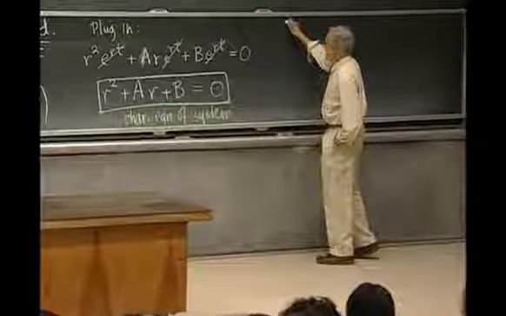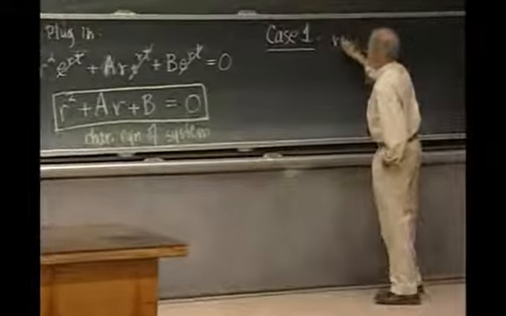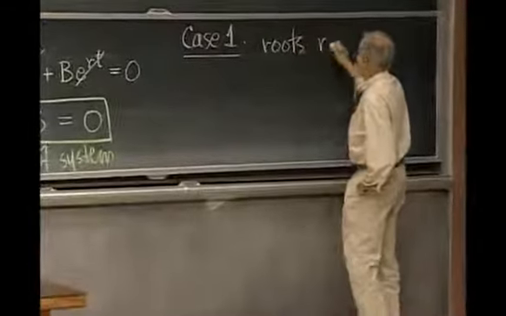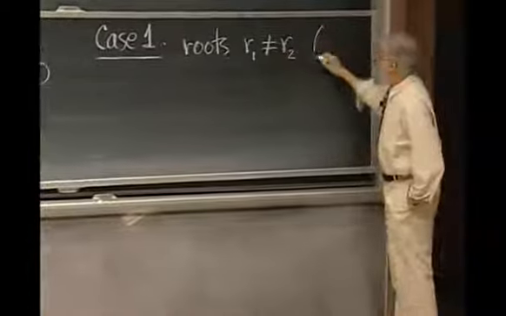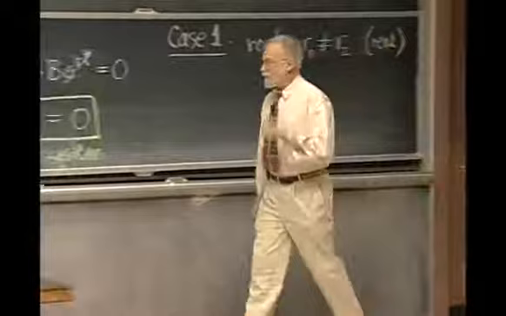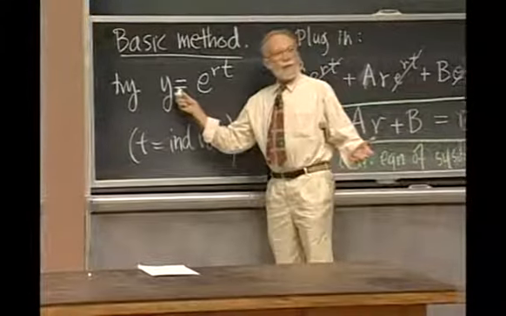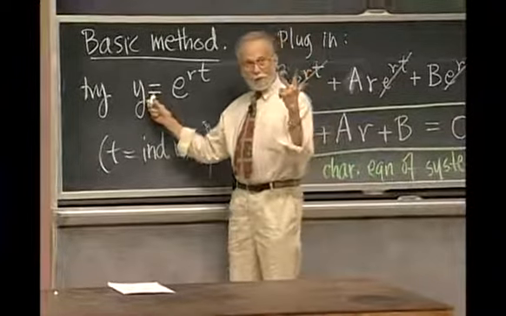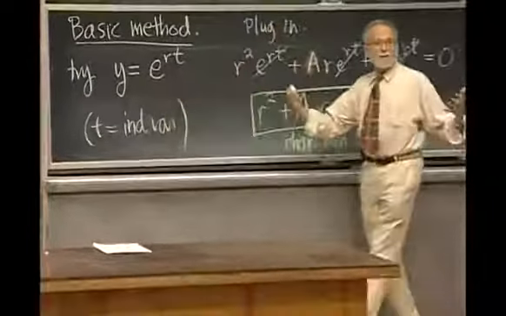So the first case is the roots are real and unequal. If I tell you they're unequal, and I'll put down real to make that clear. Well, it is by far the simplest case, because immediately one sees we have two roots, they're different, and therefore we get our two solutions immediately.